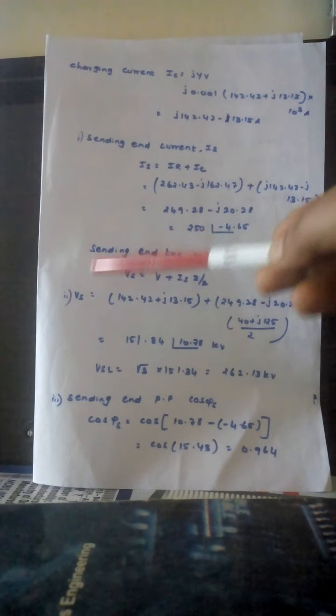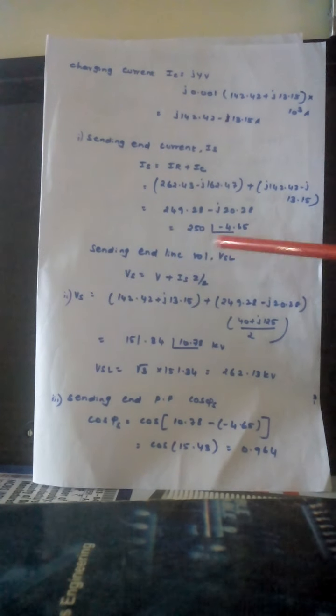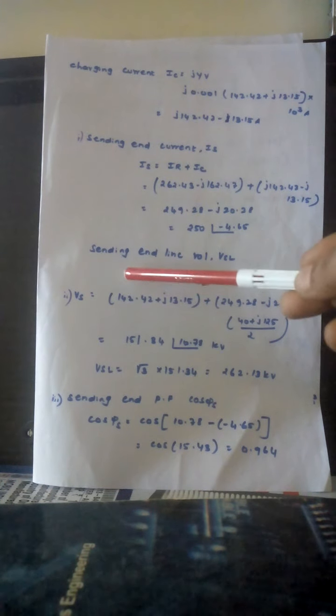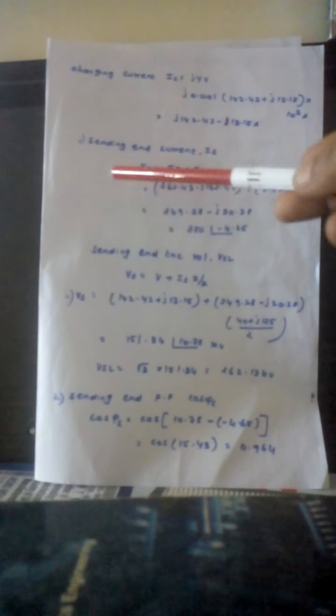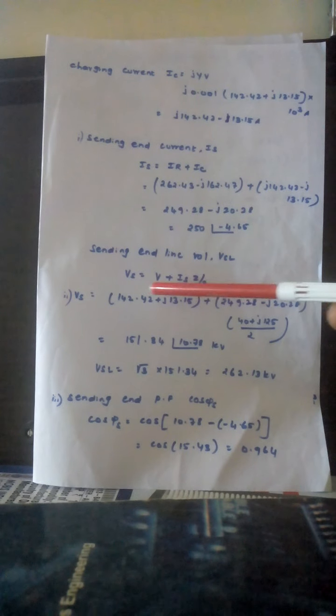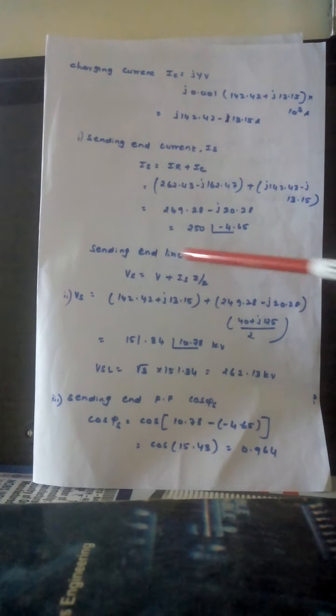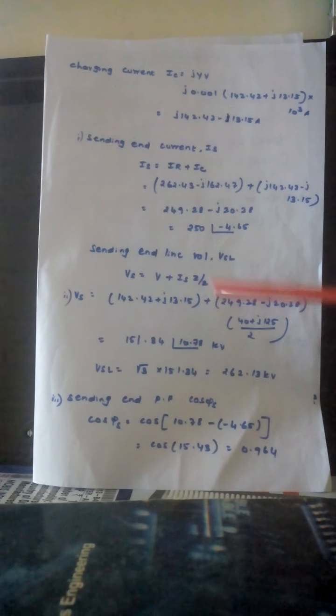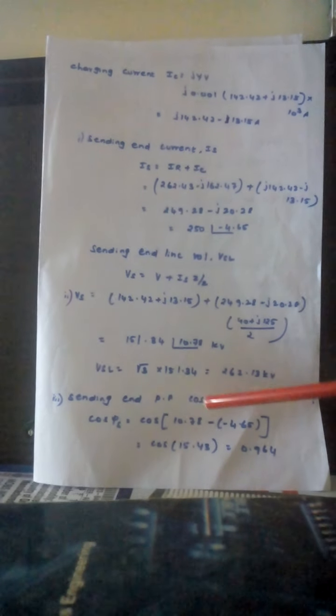Next we have to find out the sending end line voltage. Vs can be found by Vs equal to V plus Is into Z by 2. This we can take from the equivalent circuit. Whatever sending end voltage we are getting is in phase voltage, so we have to convert it into line voltage.